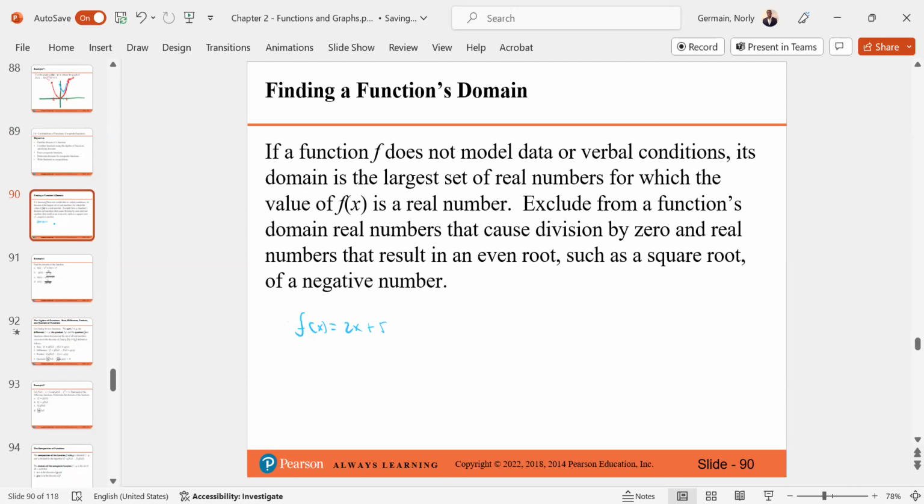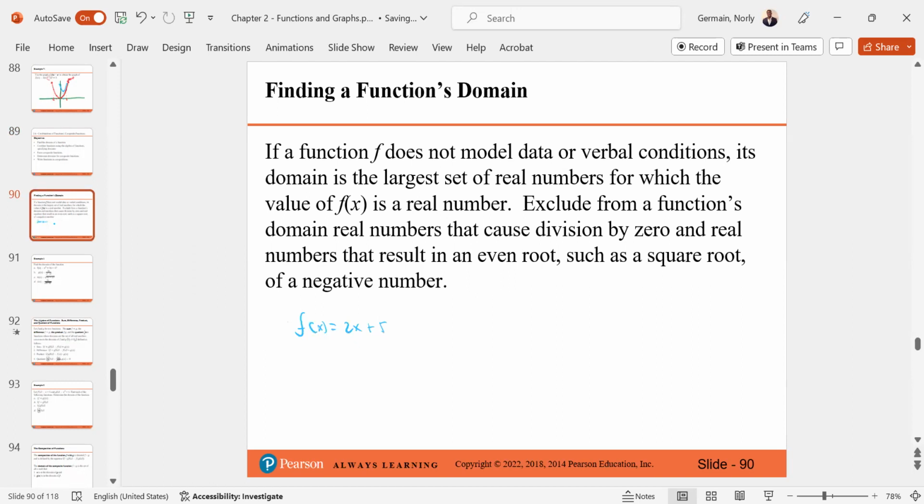So exclude from a function's domain real numbers that cause division by 0 and real numbers that result in an even root, such as a square root, of a negative number. That means, remember, you cannot take the square root, the fourth root, the fifth root of a negative number. That's very important when we're looking for the domain.